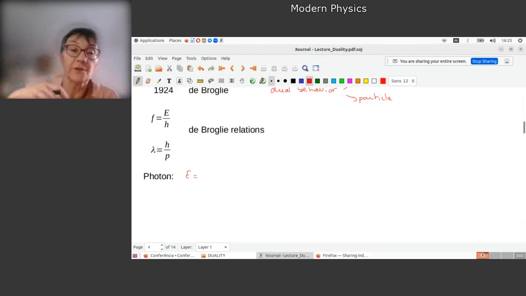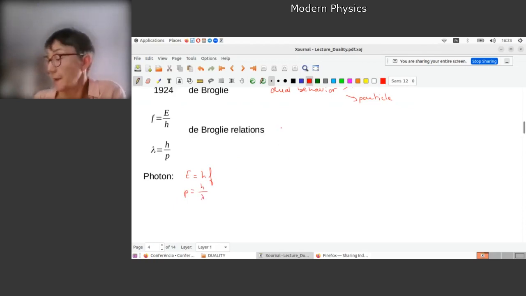For the photon we turn it upside down. We had a wave and we want to characterize a particle, so we said the energy of the particle is equal to hf, and the momentum of the particle is equal to h over lambda.